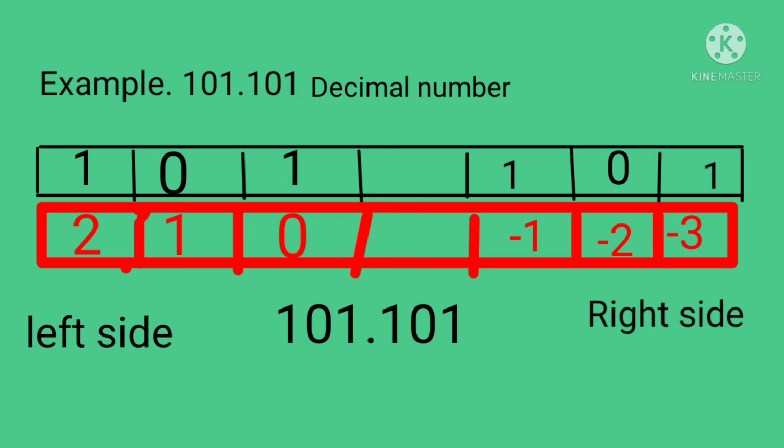Similarly, the position of the first digit towards the right side of the decimal point is -1, the second is -2, and so on.